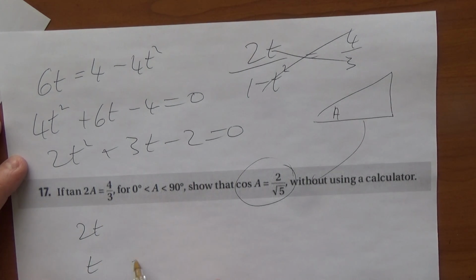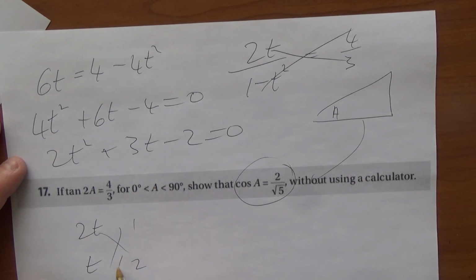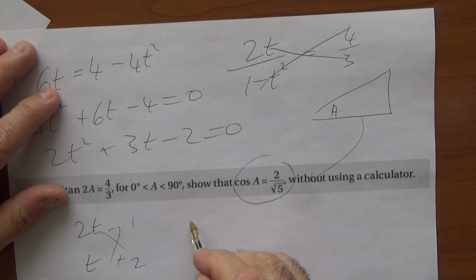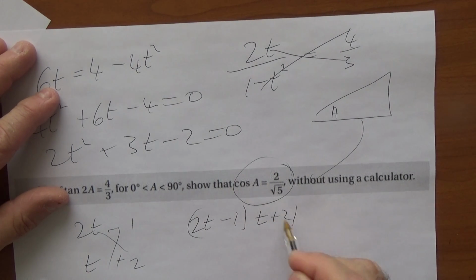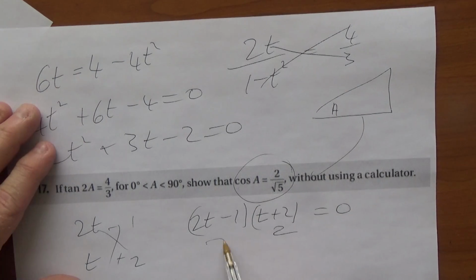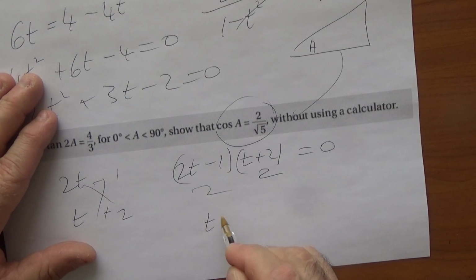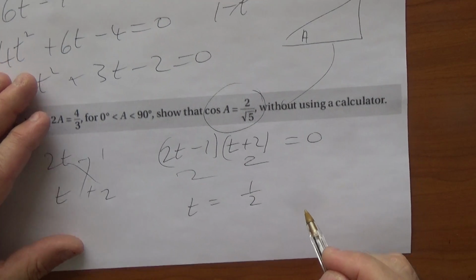You just factorize that. So we have 2t minus 1 times t plus 2 equals 0, but negative t's aren't allowed, so we're going with this one. So t equals a half.